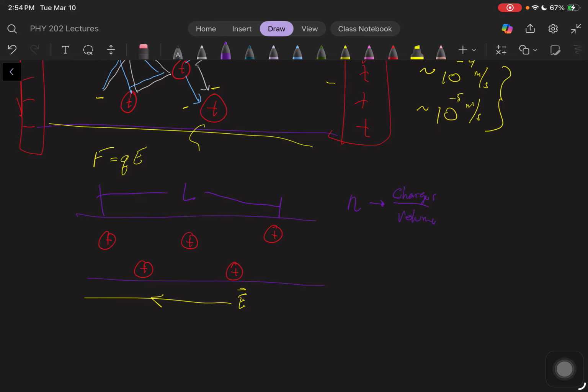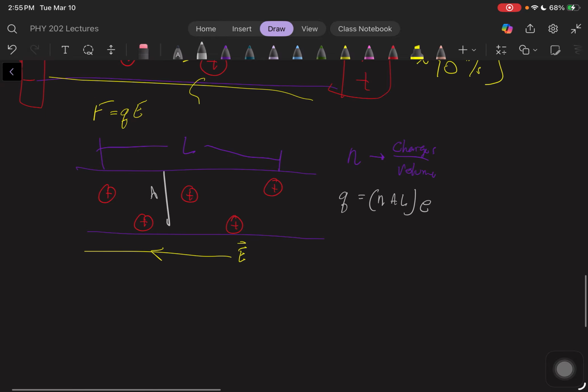And if we say this has a cross-section area A, then the total charge we have is equal to N times A times L. A times L is the volume, and N is the number of charges per volume. If we multiply that by E, say these are all protons, then we get the total charge.